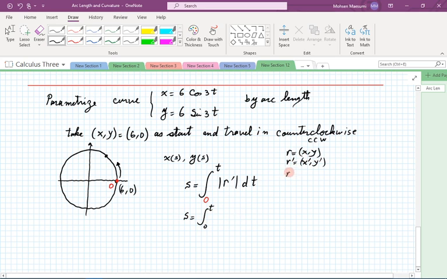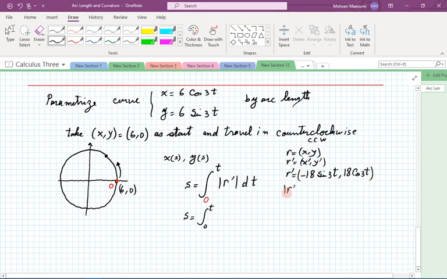So my r prime is going to be minus 18 sine of 3t, and then 18 cosine of 3t. When I differentiate these two, sine became cosine, cosine became minus sine. By the chain rule, each of them got multiplied by 3.